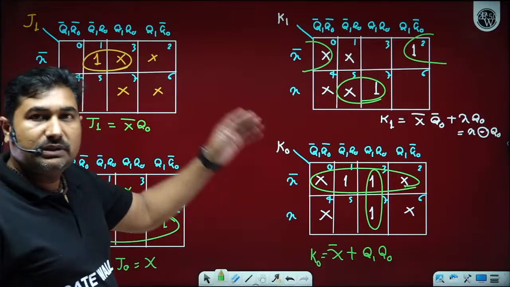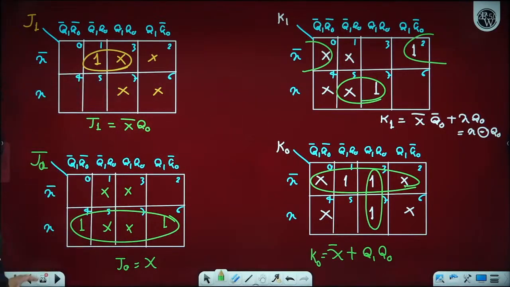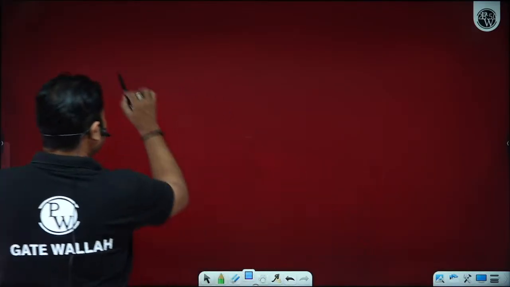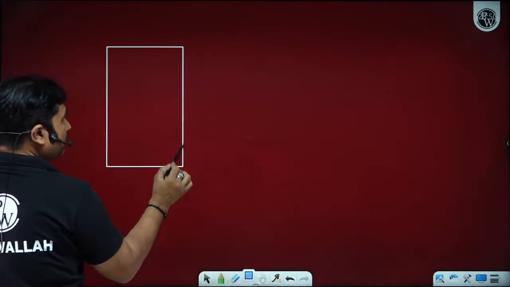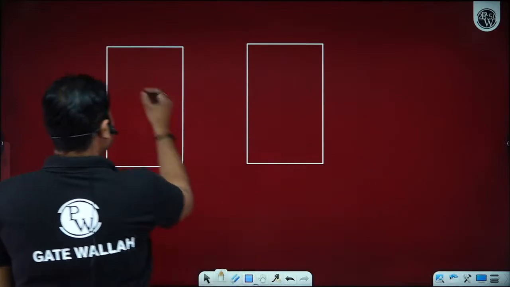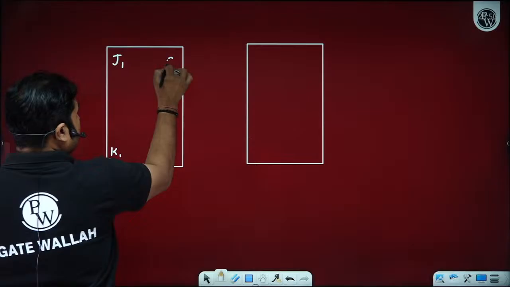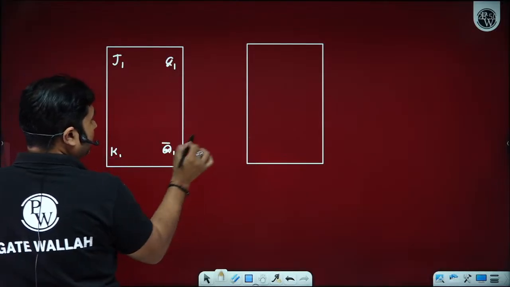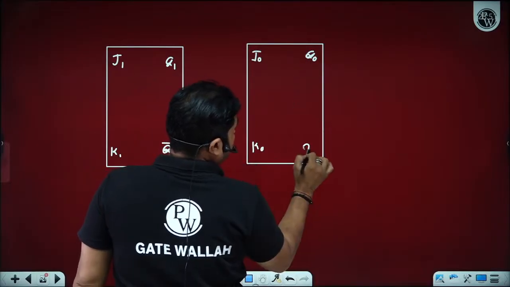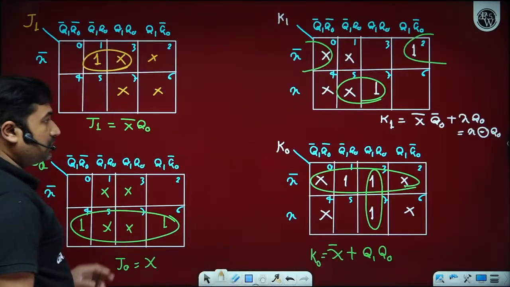So now we know about the required sequence detector. Your required sequence detector can be designed by using two JK flip-flops. So first I am using two JK flip-flops with J1, K1, Q1, Q1 complement, J0, K0, Q0, Q0 complement. Now you know about the route.